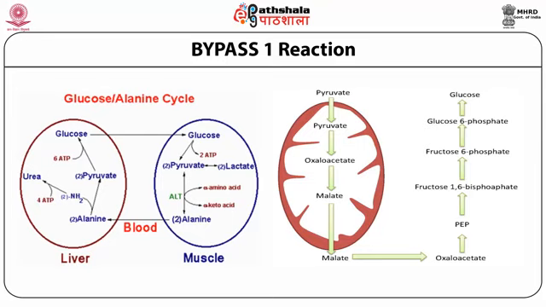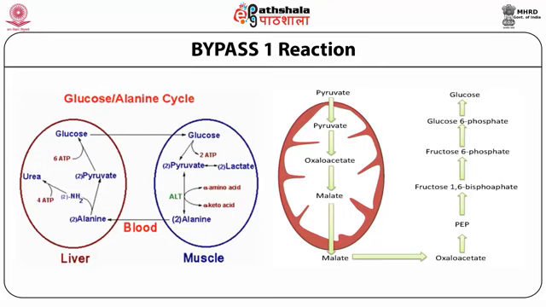Pyruvate is also converted into alanine, which is a reversible reaction where alpha keto acid is converted into alpha amino acid, and alpha amino acid can be converted into alpha keto acid. And this alanine again enters the liver through blood.